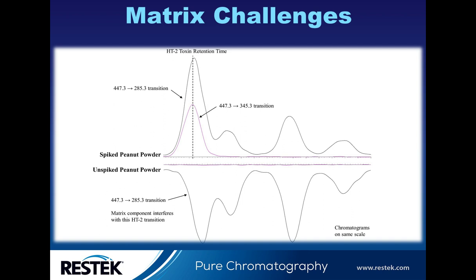As a result, as I mentioned, it's much less abundant, so I bumped my LLOQ from 5 to 10 nanogram per gram. And this only happened to the HT2 in this specific peanut powder. I guess there must be some co-extracted and co-eluted junk with this HT2.